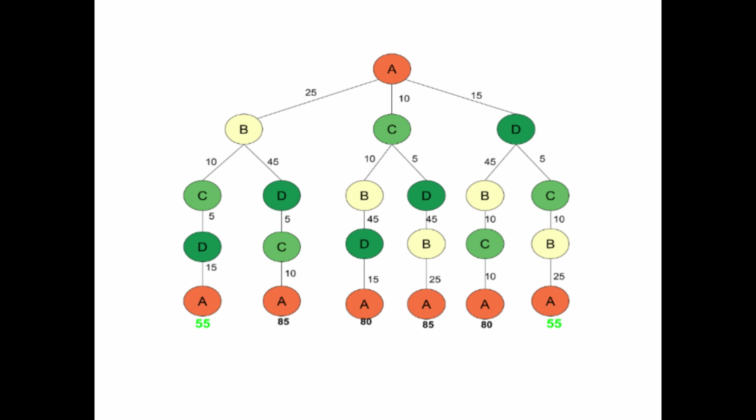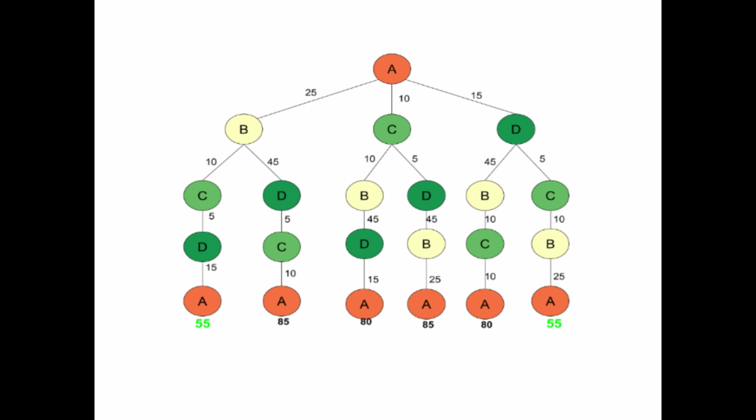Now by looking at the total cost of visiting all the cities and reaching the starting point, forming a cycle, we can see that the costs are 55, 85, 80, 85, 80 and 55.